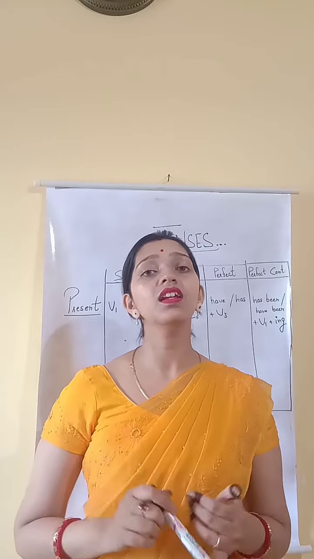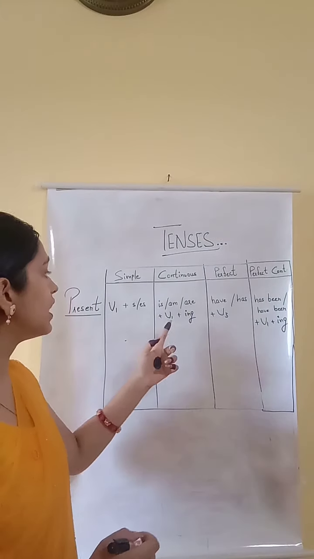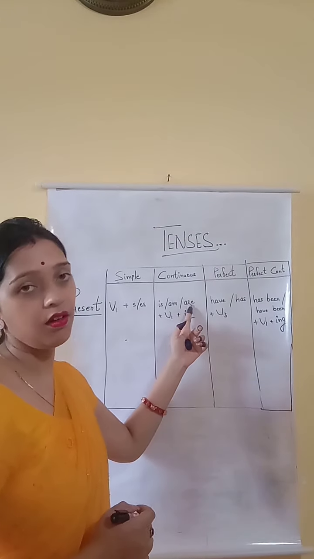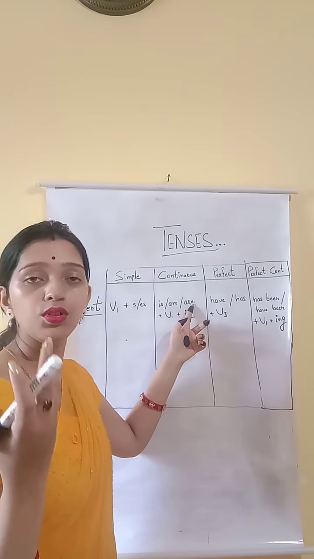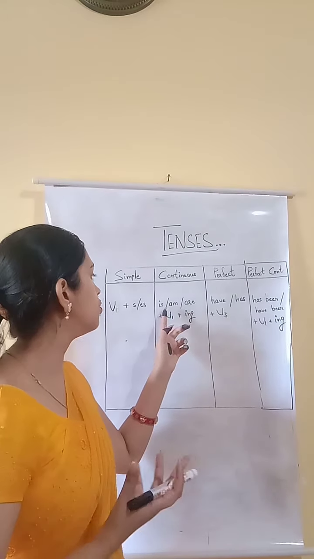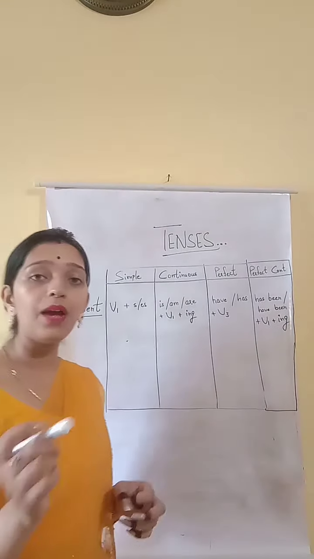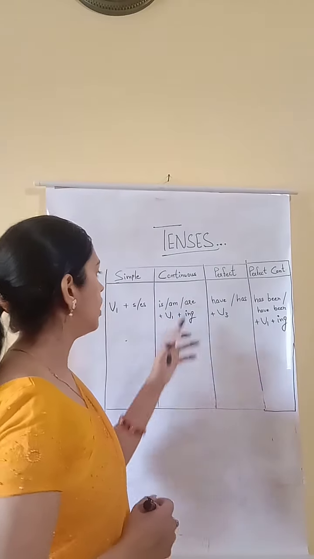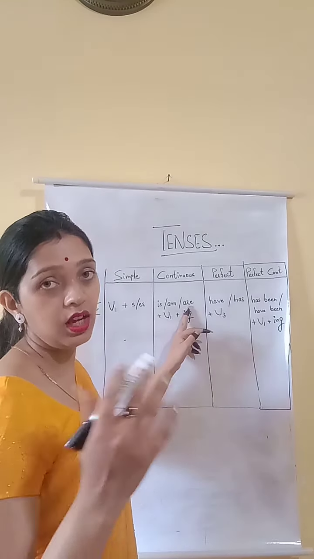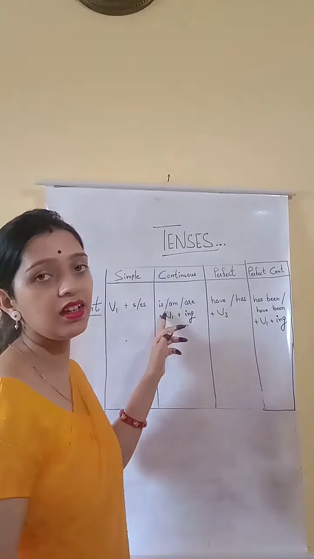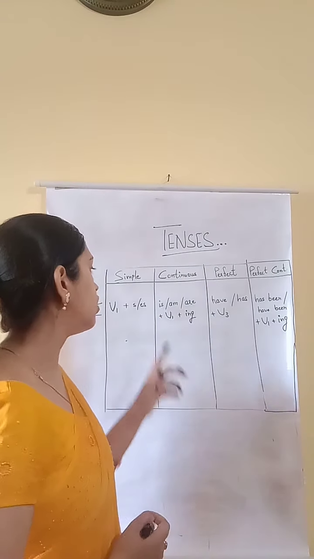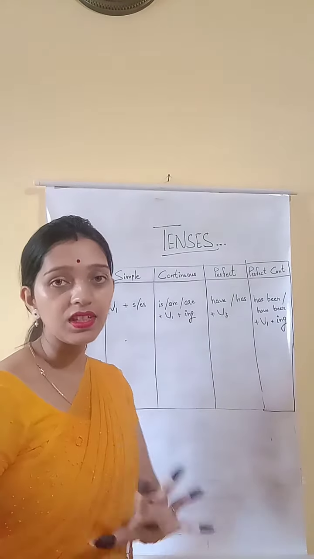Continuous, present continuous, you need to use is, am, are. Okay. Now you can understand where you need to use am. Am is used with I, are with you, we, they, and is with he, she, it. So you will use it according to the sentence.